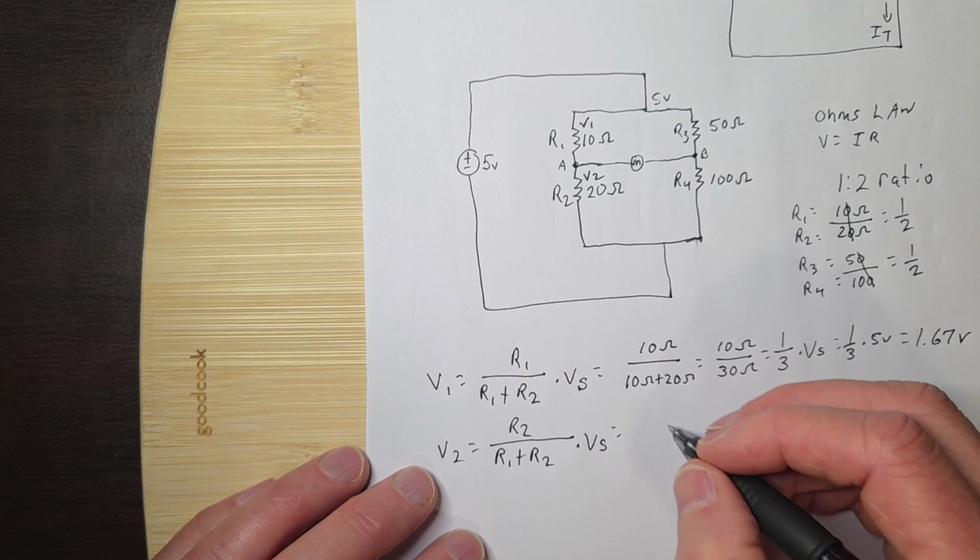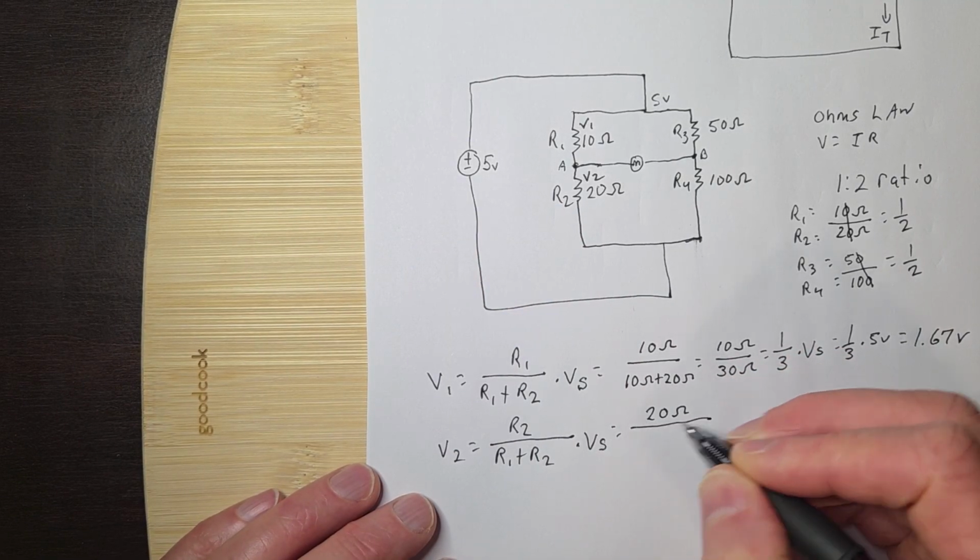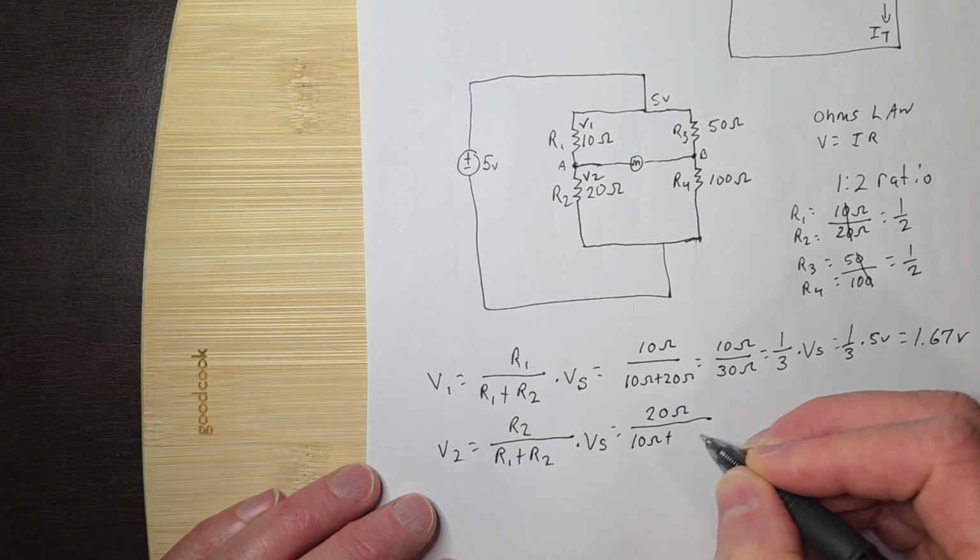Then R2 is going to be 20 ohms over 10 ohms plus 20 ohms. I'm jumping ahead of myself.